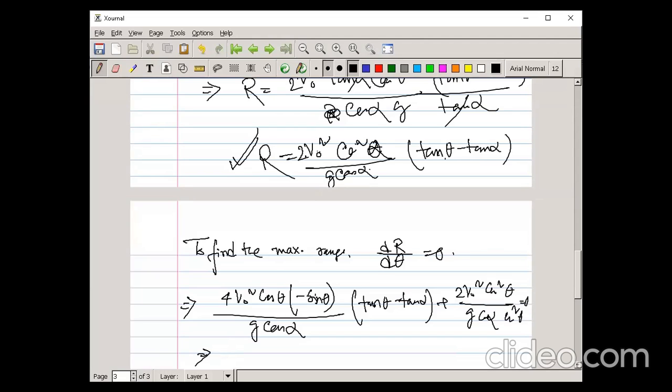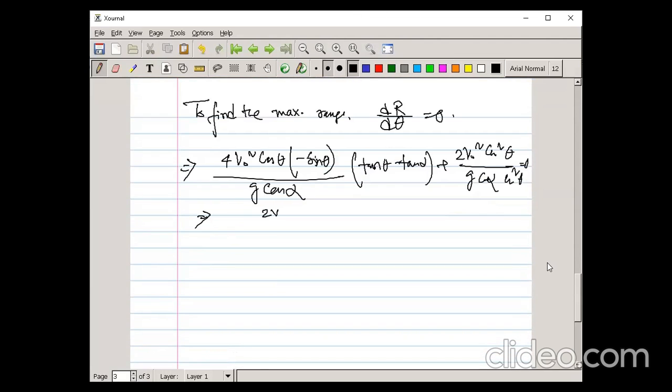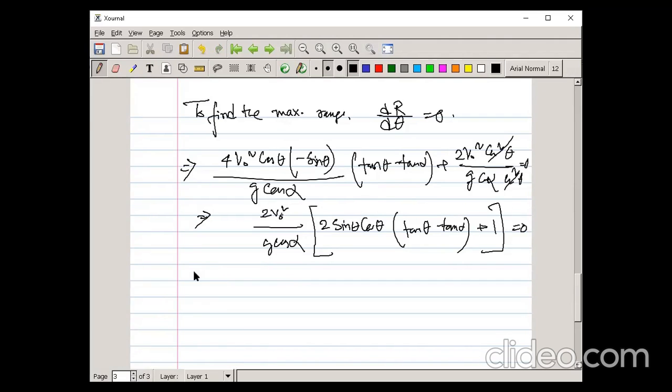So if we arrange, we will get 2 V0 square divided by g cos alpha, then 2 is common, so 2 sin theta cos theta into tan theta minus tan alpha, then plus 1. 2 V0 square cos square theta divided by g cos alpha, so just this is a 1, is equal to 0.